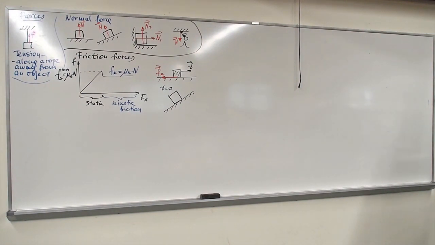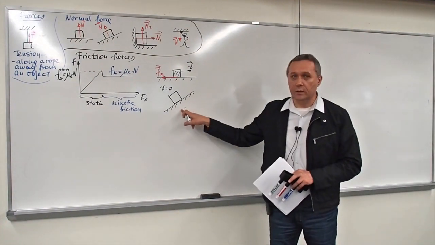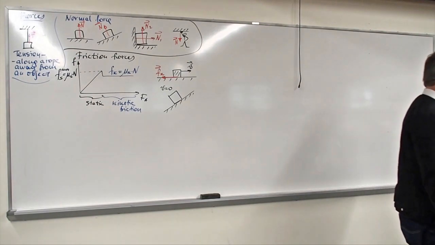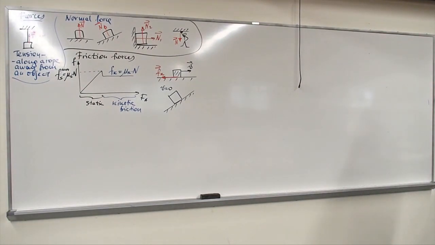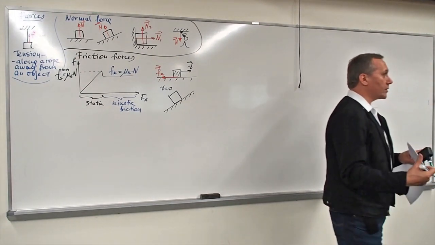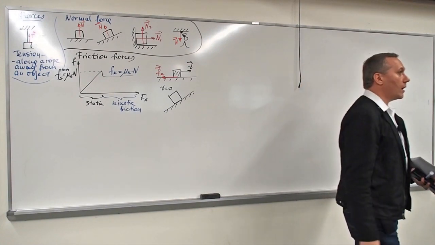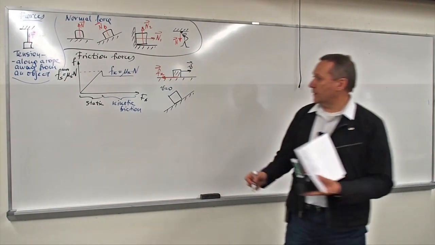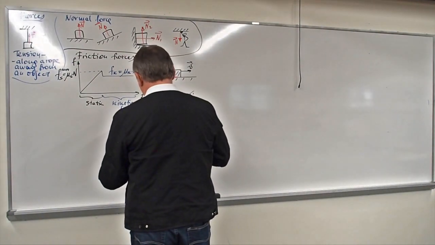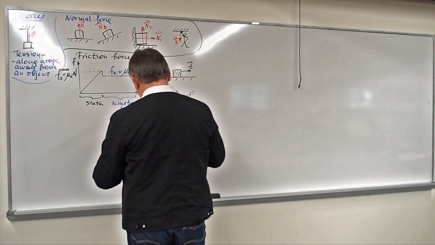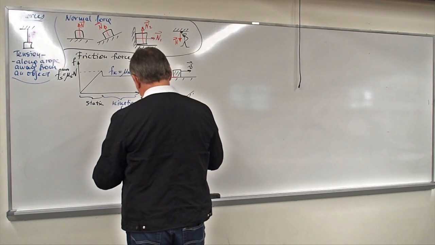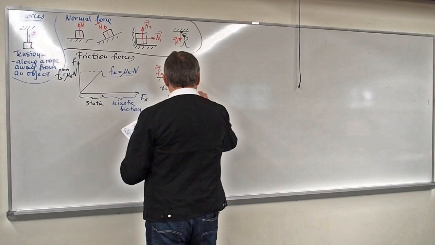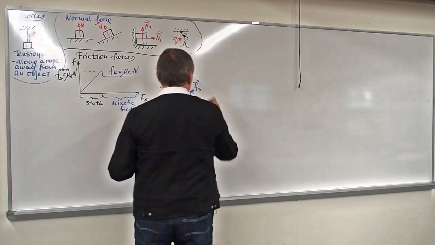Of course, we all know that the object would start sliding down. Static friction force acts in the opposite direction to this imaginary motion. So this will be our F static.